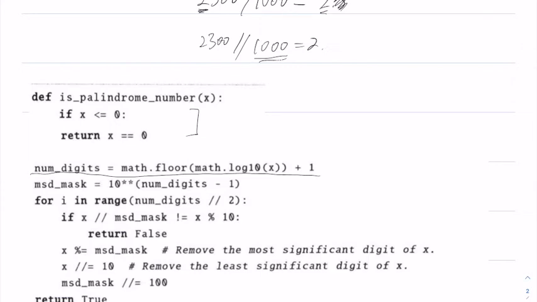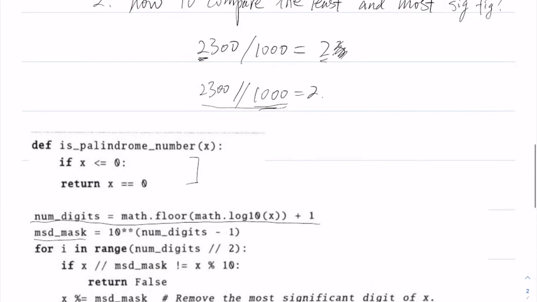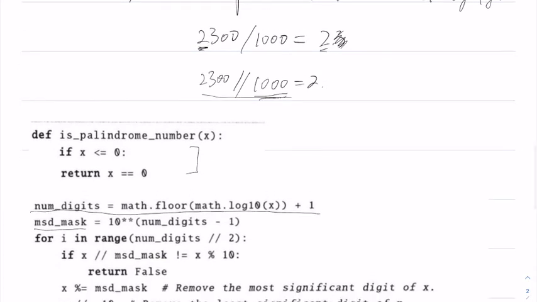And the most significant digit masking is this operation here, where we raise 10 to some power, and this is going to use the integer division here to extract out the most significant bit.